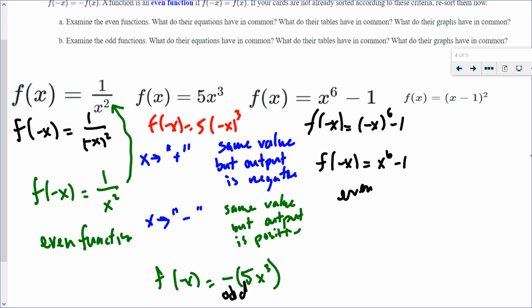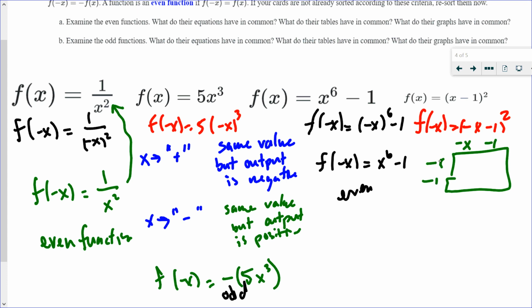And then we have a little more complicated one, so we can verify if it's even or odd, or maybe it's neither. So if I have f of negative x, it's going to be negative x minus 1, all quantity squared. Let's simplify it and see if it looks the same. I get negative x minus 1, negative x minus 1. Some quick multiplication here: I get x squared, I get x, and then I get an x, and then I get a positive 1.